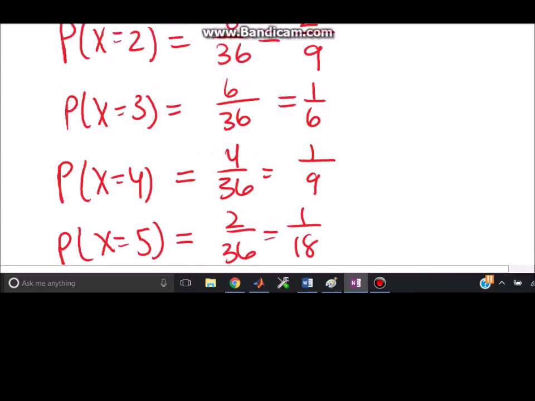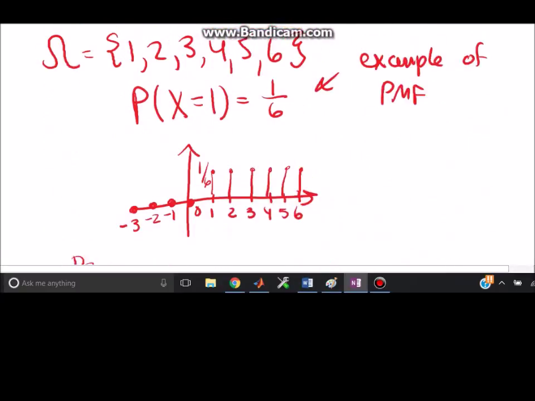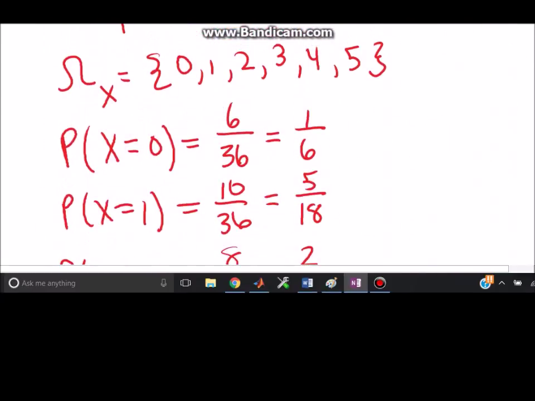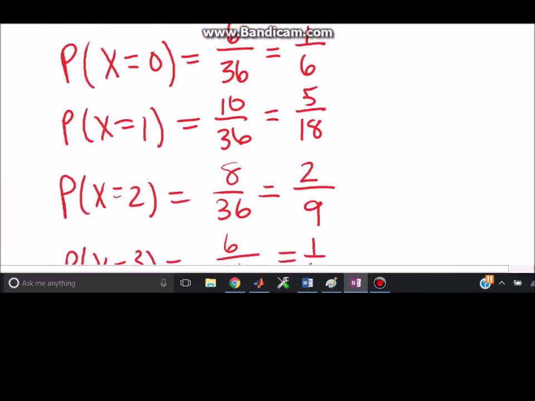To double check our answer, well, earlier I showed you this summation, right? For a PMF, the summation of all of the probability measures for each of the outcomes should equal 1. So here we have all the probability measures, here we have all the outcomes. So let's sum them all up and make sure that it equals 1.